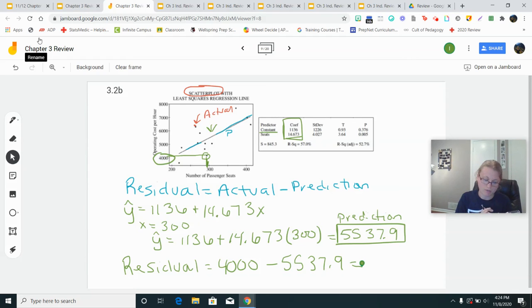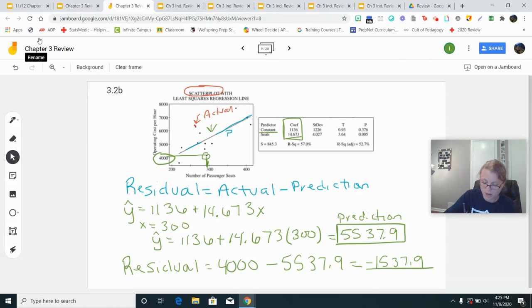I'm going to get a negative number here. So I've got 4,000 minus 5537.9, which is going to be negative 1537.9.